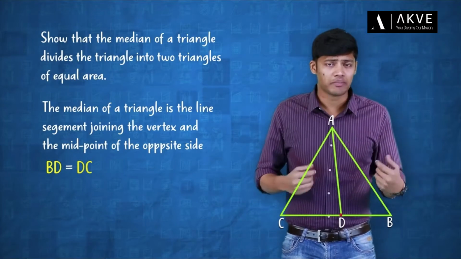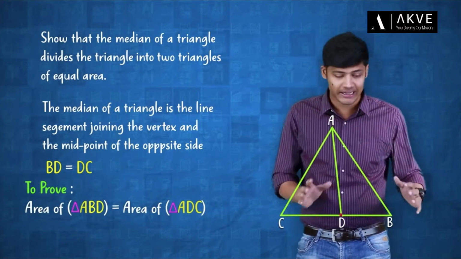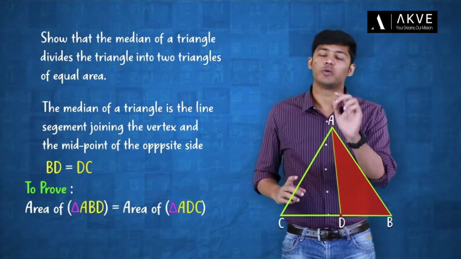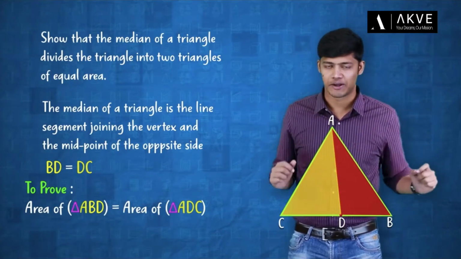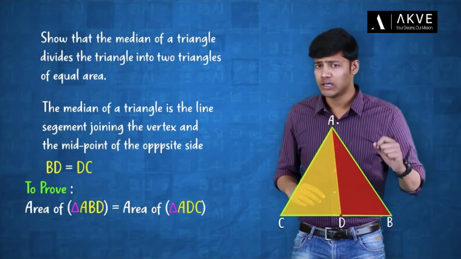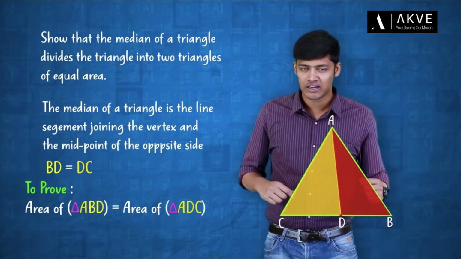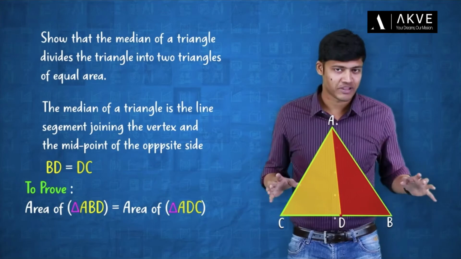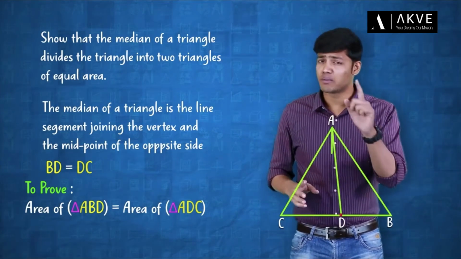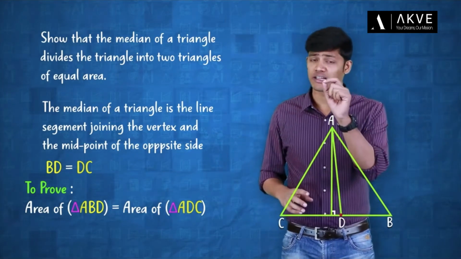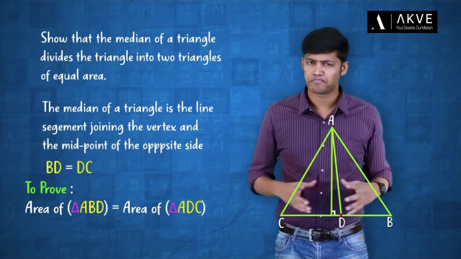Now, our aim is to prove that the area of the triangle ABD is equal to the area of the triangle ADC. Observe that for both the triangles ABD and ADC, the height will be the same, since the height is the perpendicular distance from the vertex A onto the side BC.